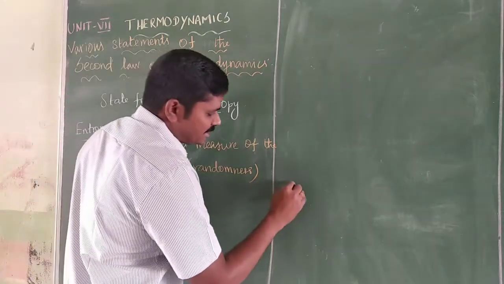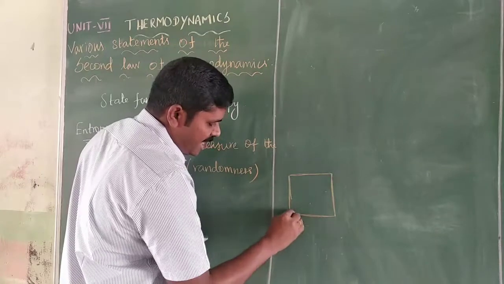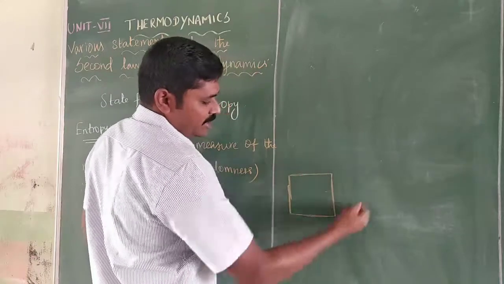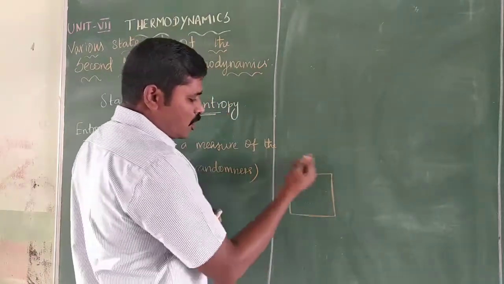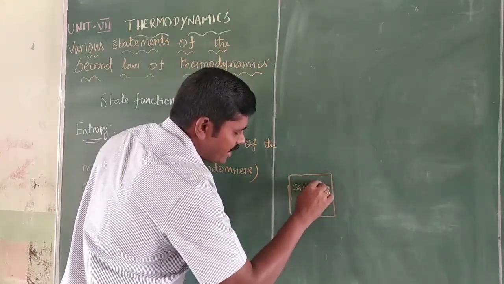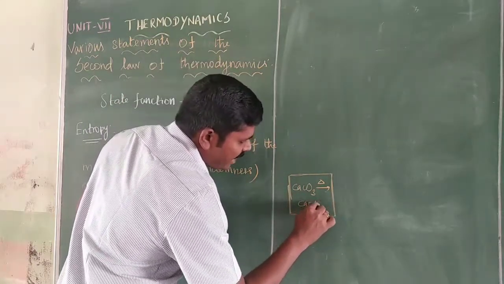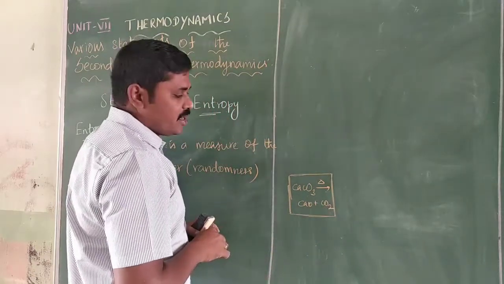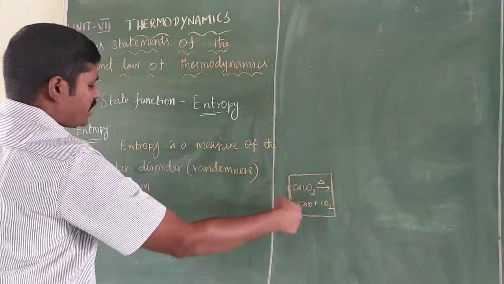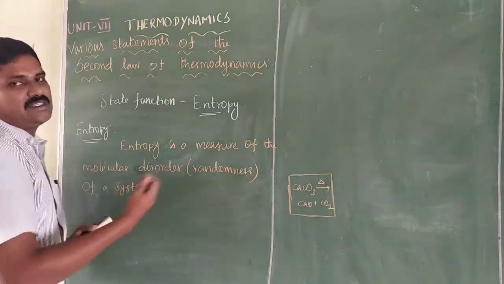Here the reaction area is the system, and the rest is the surroundings. For example, when calcium carbonate is heated and converted into calcium oxide and carbon dioxide, the randomness of the system changes. Entropy is the measure of the molecular disorder or randomness of the system.